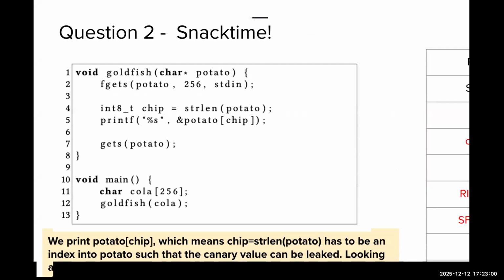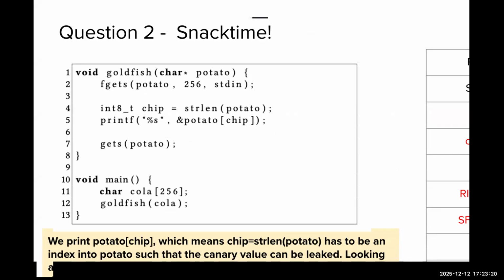What we can see here is that the only way to expose the value of the canary to us is through that printf function. So somehow we need the chip index of potato to actually be the canary itself.